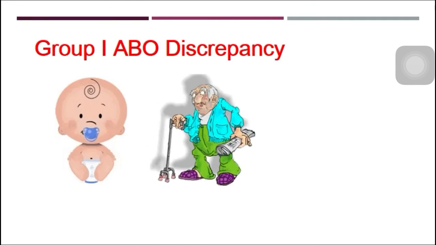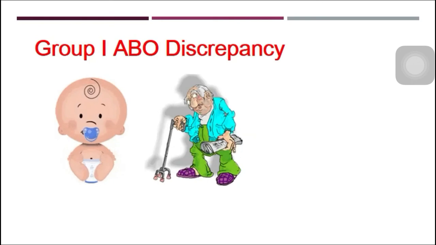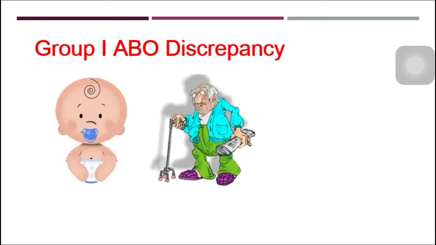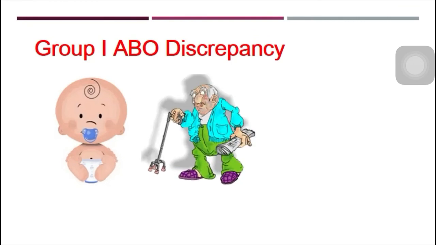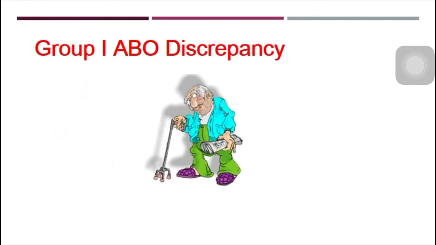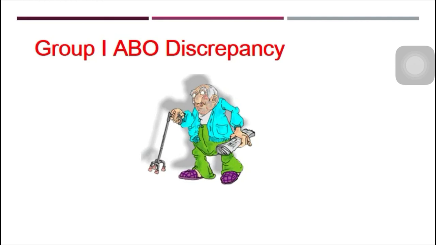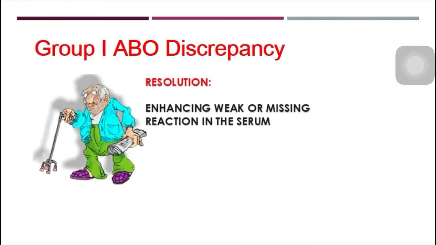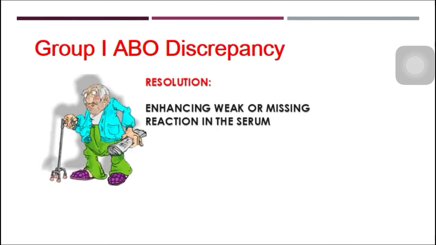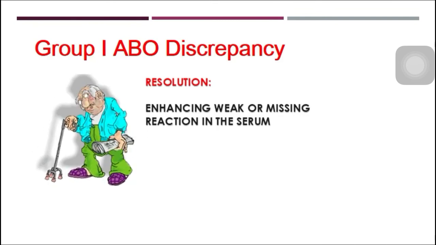Now, if the history indicates an elderly individual, or the diagnosis indicates hypogammaglobulinemia or immunosuppressed patients, then the best way to resolve this discrepancy is to enhance the weak or missing reaction in the serum. How do we enhance the weak or missing reaction in the serum?